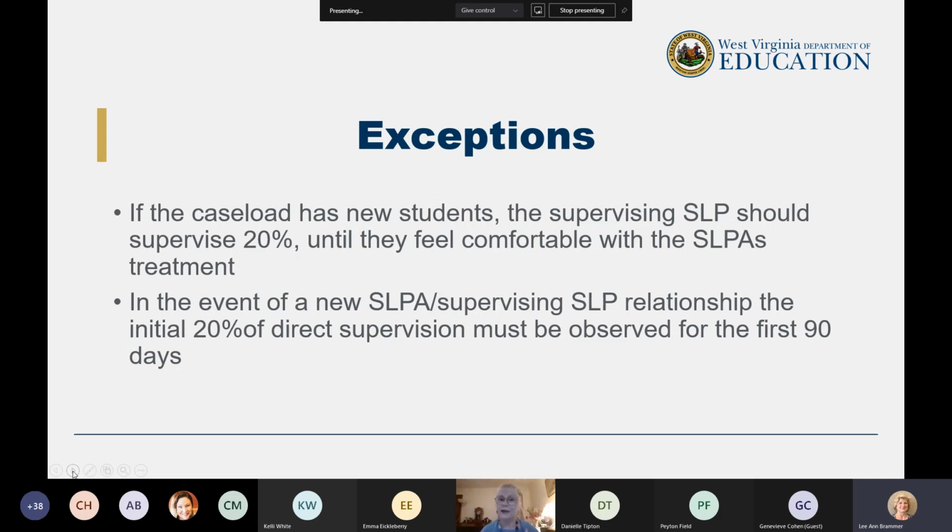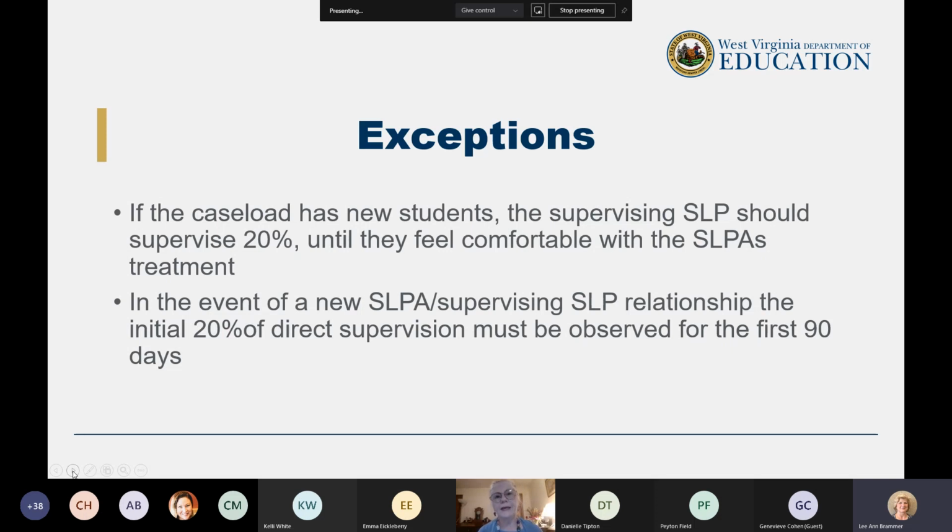They're new students, but they have lots of experience with R. But we also know that R is different with every student. So you want to make sure that they're comfortable and they're on the right path before you go back to that 1 hour.